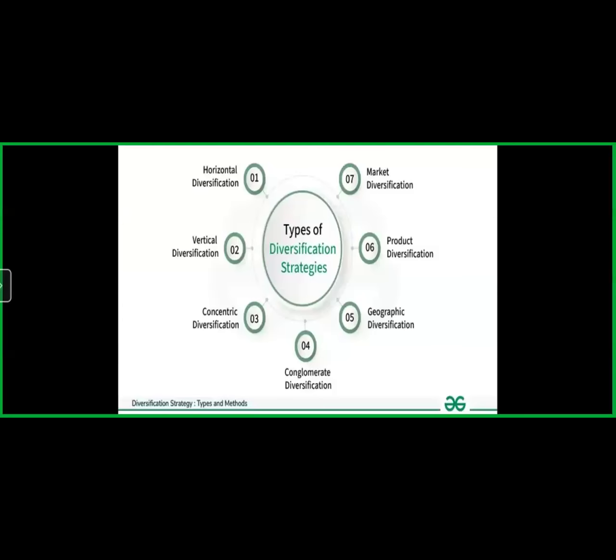For example, if the organization is manufacturing electrical appliances, say ceiling fans, table fans, air conditioners, air coolers, and it decides to add the production of, say, irons, or other similar electrical appliances, then that type of diversification will be called related diversification.